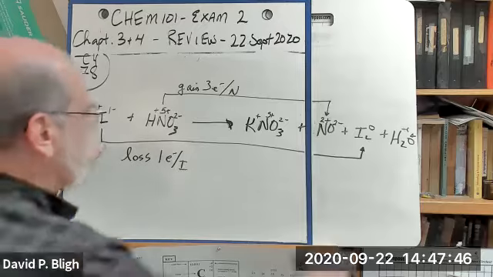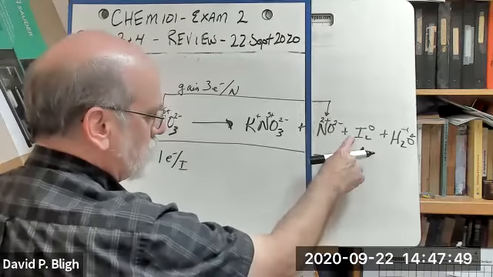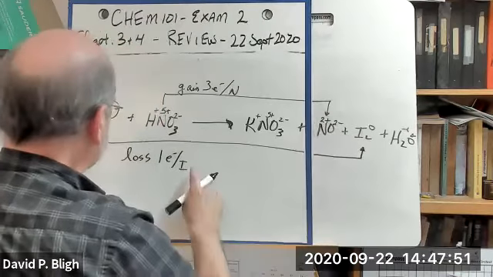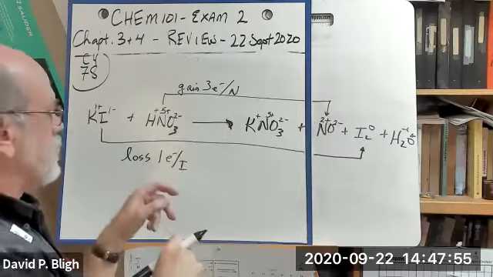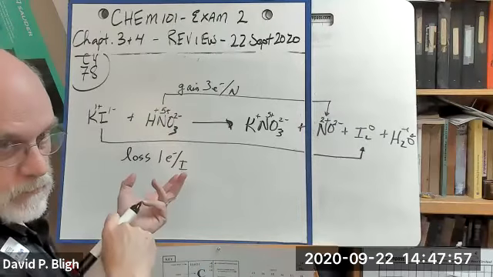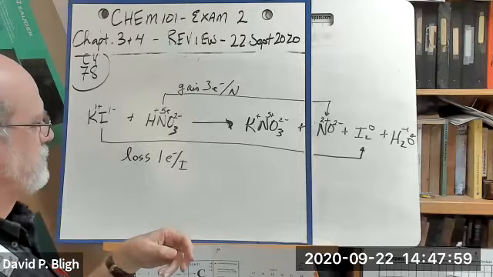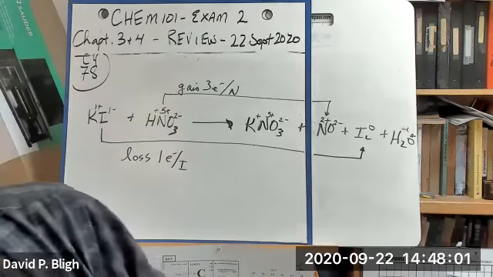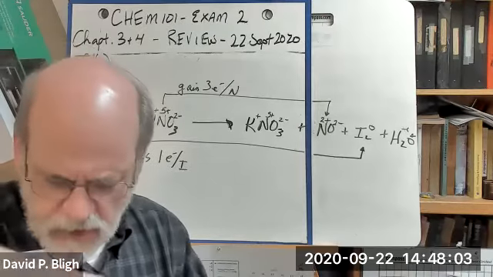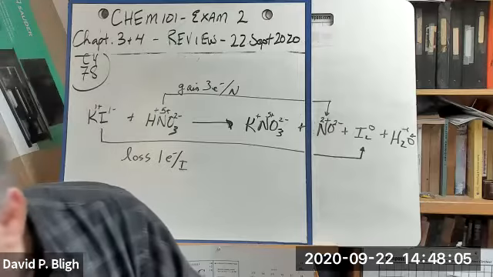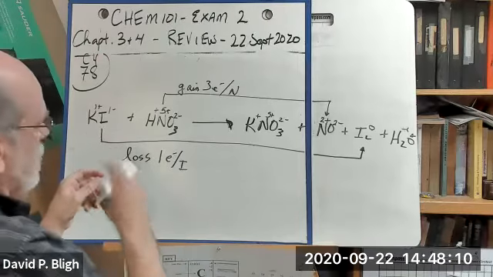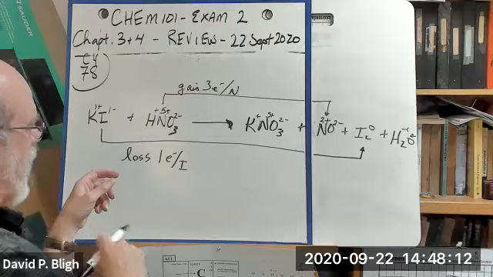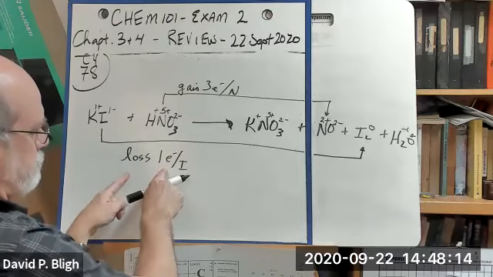Well, we can't multiply by 2 because, well, we could multiply by 2, but that wouldn't give us 3 up here. So cross multiply 3 and 2. I don't know that it makes sense to me, but I'm not sure it makes sense to you. Let me try another tack. How do we get 3 electrons here?